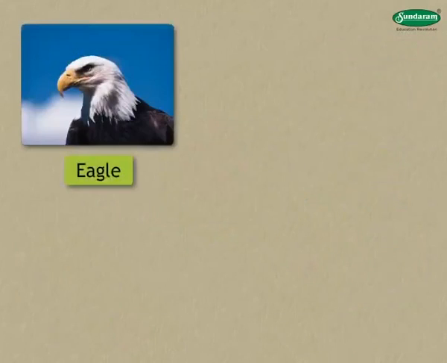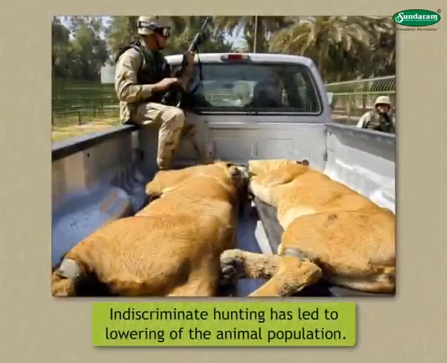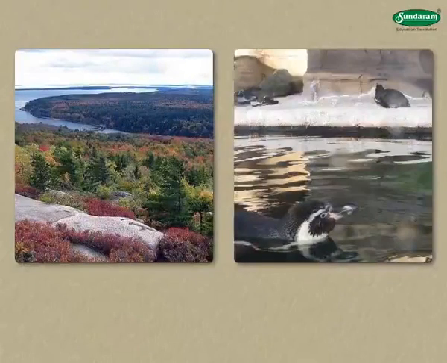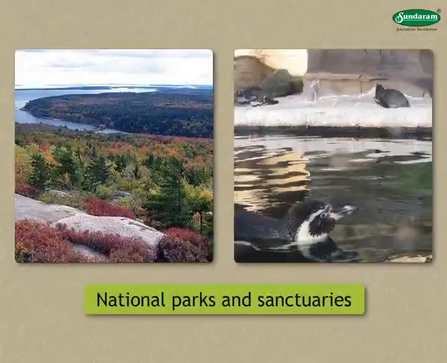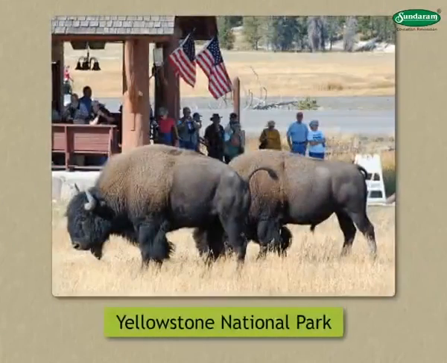Birds like eagle, owl, swan, etc. are also found here. Indiscriminate hunting has led to lowering of the animal population. The government has therefore established a large number of national parks and sanctuaries. Of these, the Yellowstone National Park is quite famous.